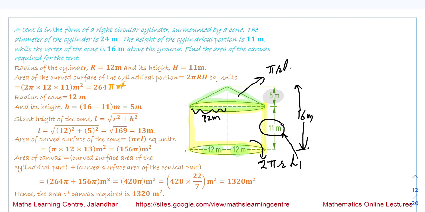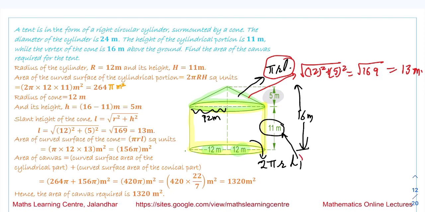So for this cone we have to calculate the value of this slant height. The slant height will be square root of 12 square plus 5 square, and the answer is square root of 169, that is equal to 13 meters. So we will substitute the values in these two formulas and add these two values.